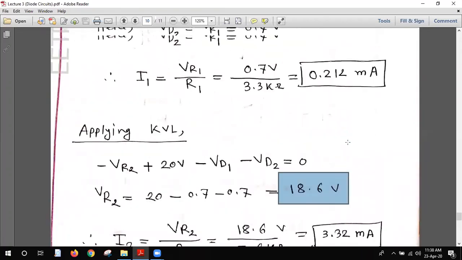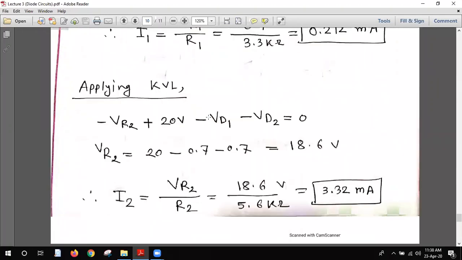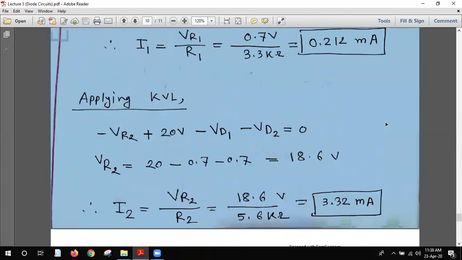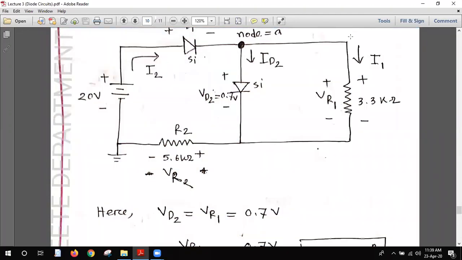So we get the voltage across R2. We know the resistance, so we apply Ohm's law and get the current I2 of 3.32 milliampere. So you see that we get the current I2, we get the current I1, and this is a node. We know that the entering current equals the exit current.